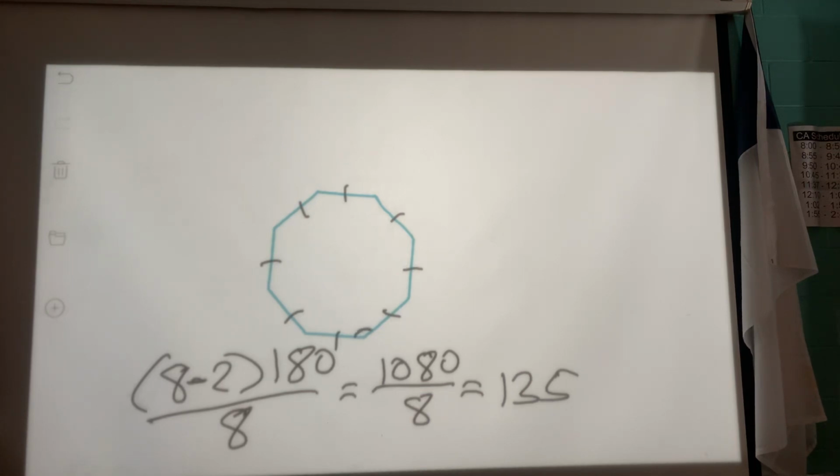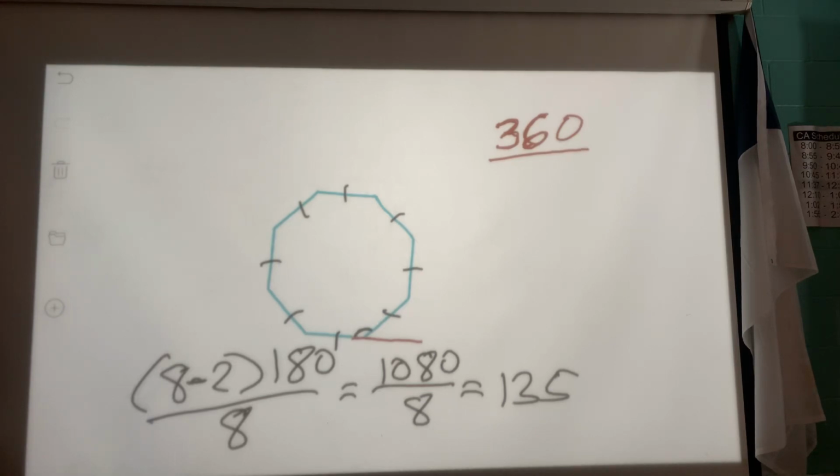So that's inside here. Well, what we're talking about this time is exterior. If I were to extend that side down there, I could find the individual by doing linear pair, subtracting from 180. But the easier thing you're going to find is that for every single shape, and this is what's kind of crazy, but that's why formulas are formulas, because they work all the time, you take 360 and divide by how many there are.